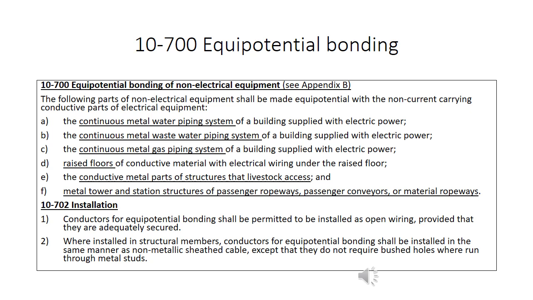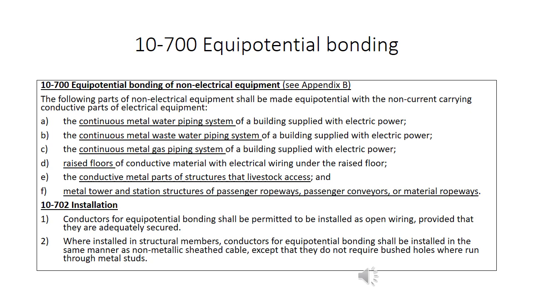Subrule A, the continuous metal water piping system of a building supplied with electric power. So if a dwelling unit or building has continuous metal water piping, it must be bonded. The continuous metal wastewater piping system of a building supplied with electric power.